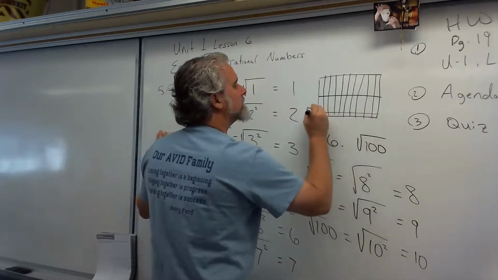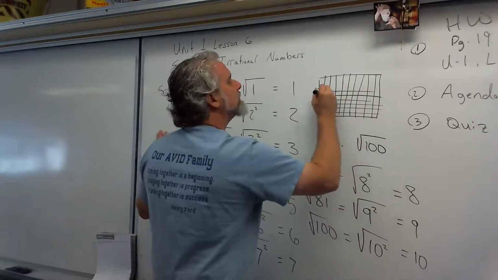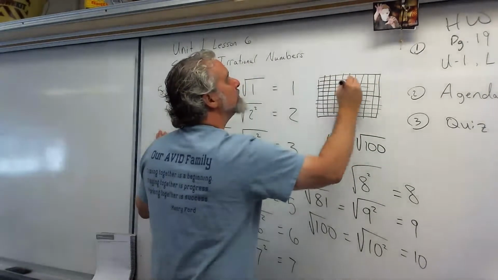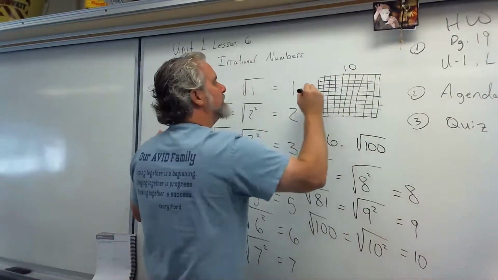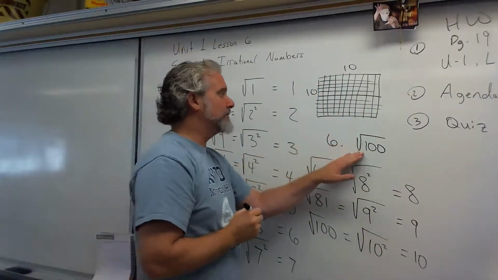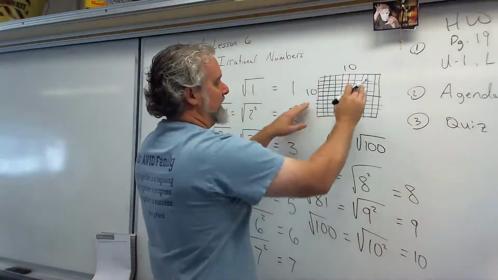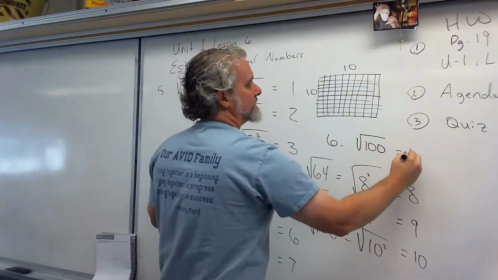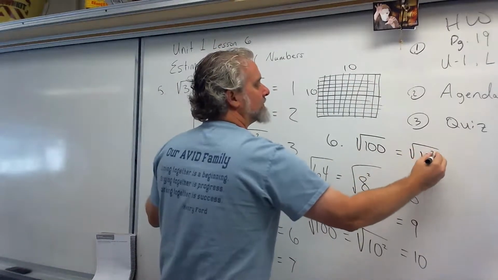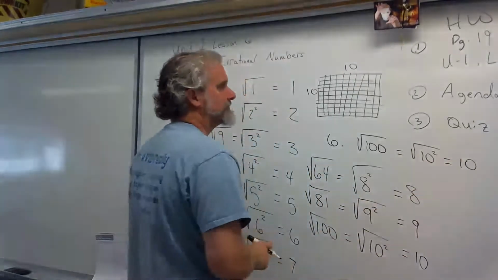And 1, 2, 3, 4, 5. 1, 2, 3, 4, 5. Here is your 10 by 10 representation of the square root of 100. 10 times 10 makes 100. Therefore, the square root of 100 equals 10.